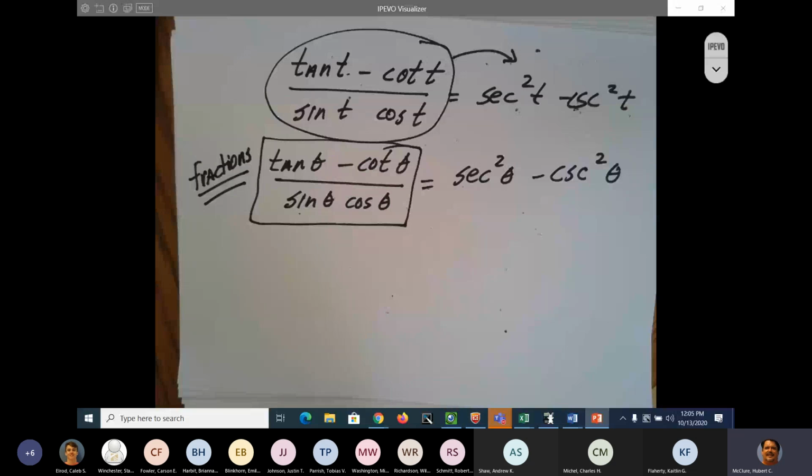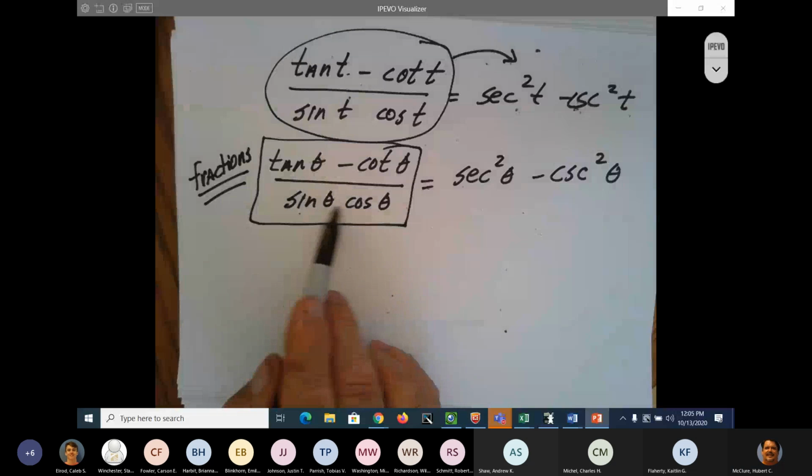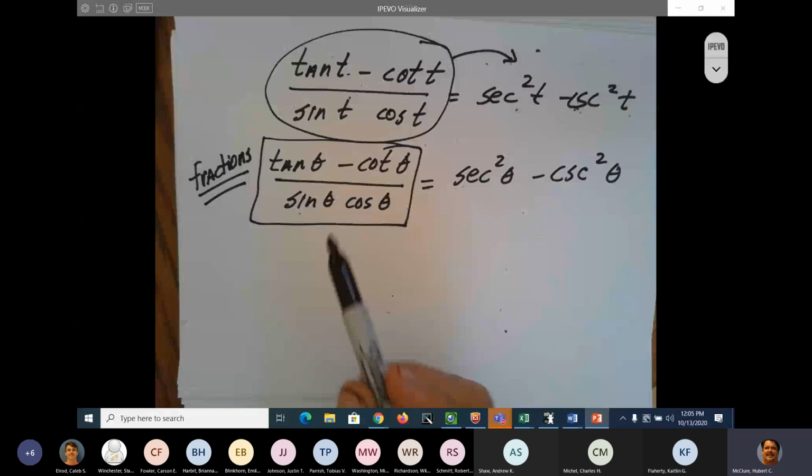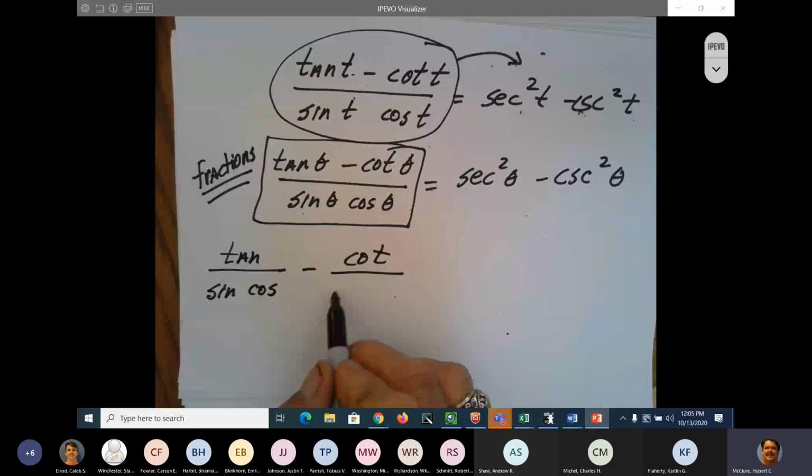Well, what do you mean fractional rules? Well, if I've got the common denominator, and I've got tan minus cotan, I could rewrite this as the tan over sine cosine minus the cotan over sine cosine.